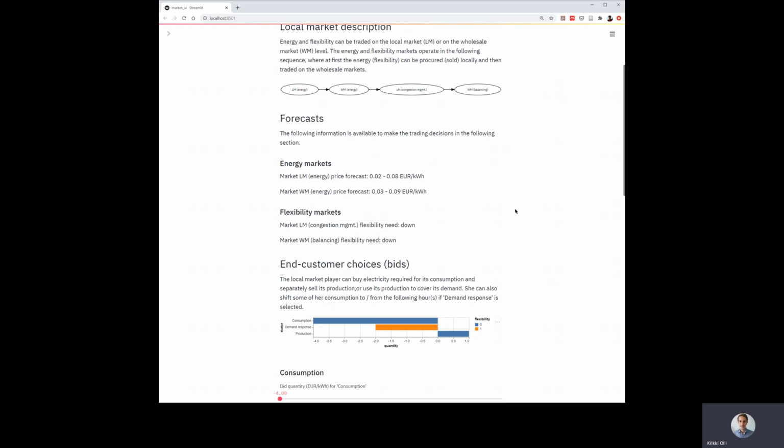In this case, the price is a bit lower, and on the local market it's between 2 and 8 cents per kilowatt hour, while on the wholesale market it is potentially a bit higher. Then there is a need for flexibility down regulation on both of these markets, wholesale and local level.